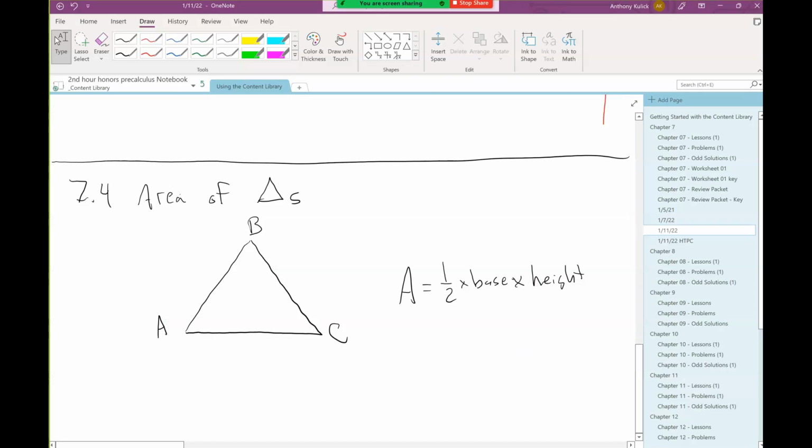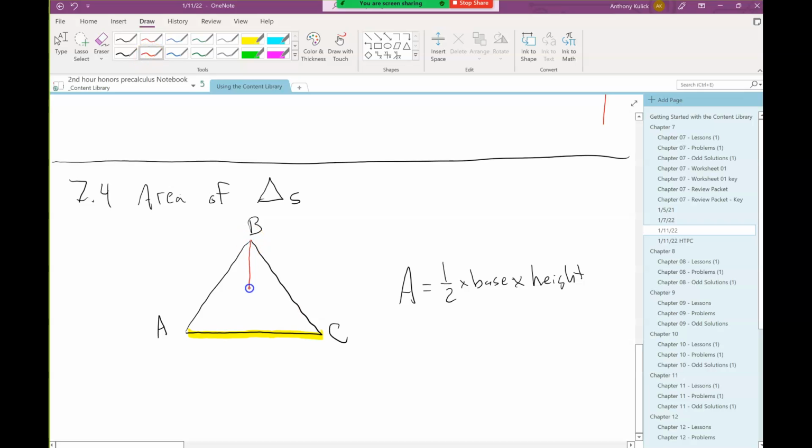So let's say we just have some generic triangle here that I've drawn, ABC. What's the base going to be? And what's the height going to be? Yeah, right? That's kind of the issue. So the base could be any side. Let's say, for instance, probably AC would be the natural one you could choose to be the base.